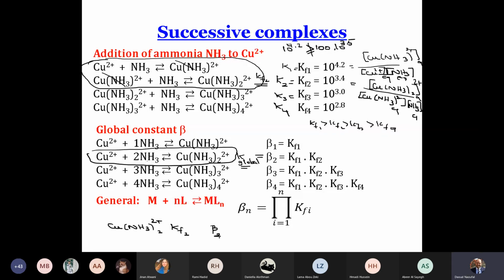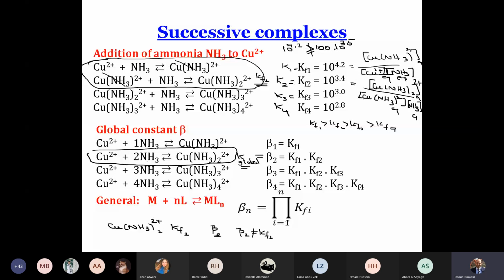And if beta 2 is given, you can write the formation of this complex 2 from its simple metallic ion Cu2+ and its simple ligand NH3. And pay attention, beta 2 is different from Kf2.